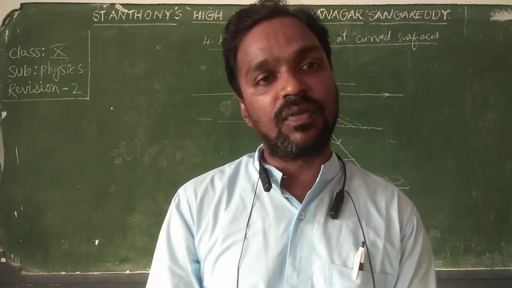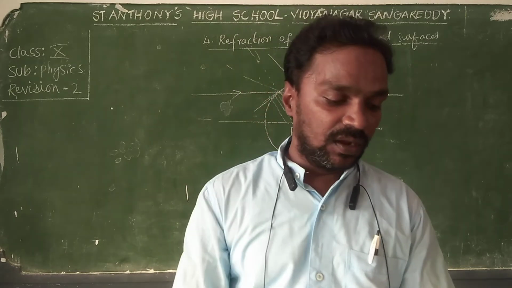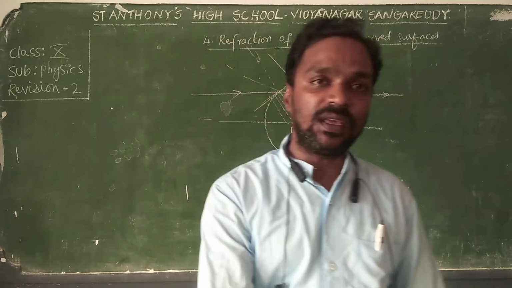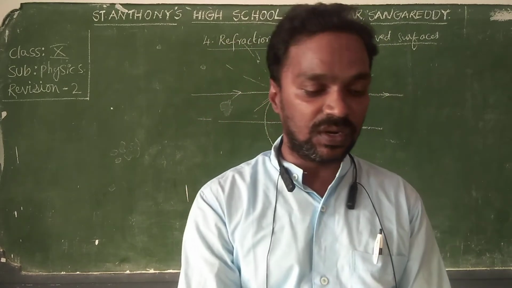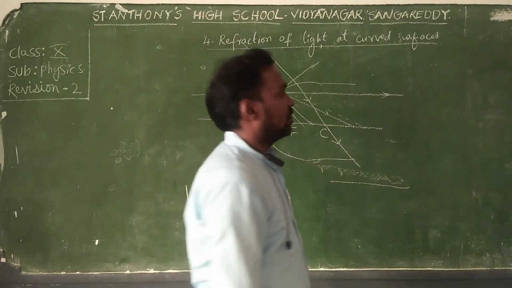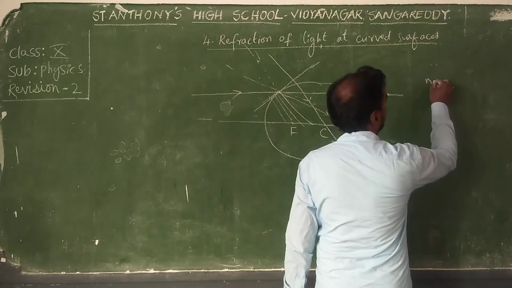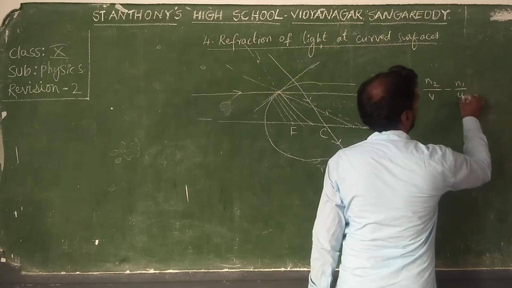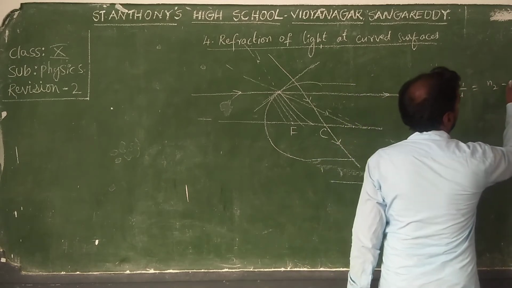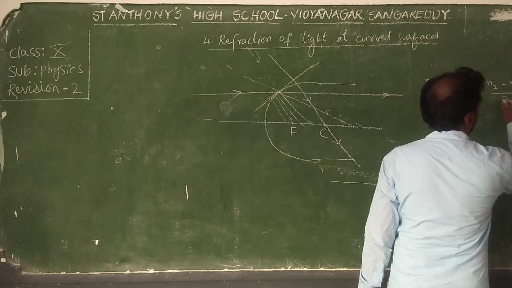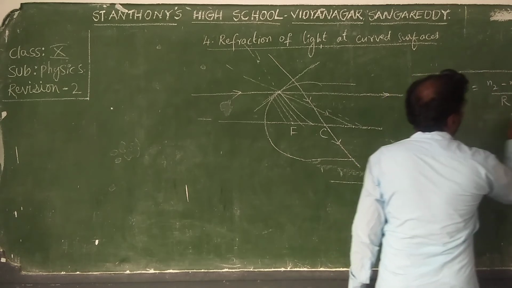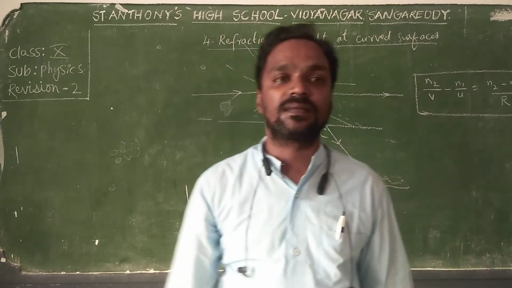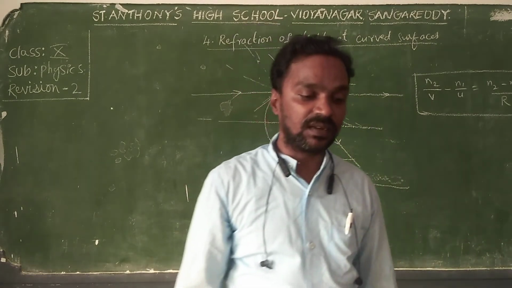So try to draw the 4 cases in your book, and the formula is there: N2 by V minus N1 by U is equal to (N2 minus N1) by R. This formula is called the formula for curved surfaces in refraction.